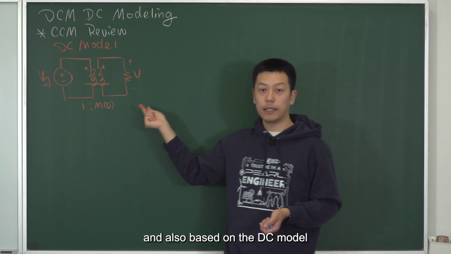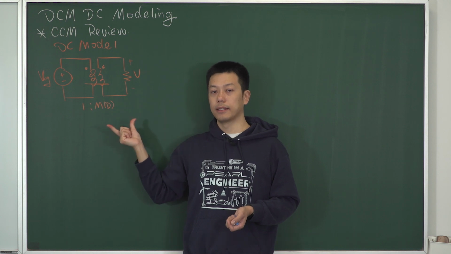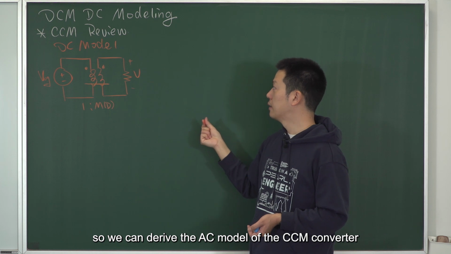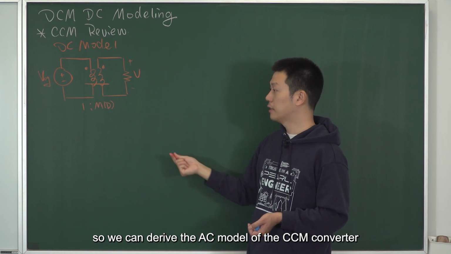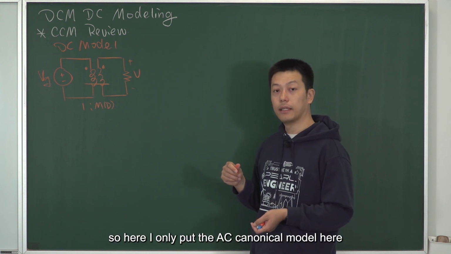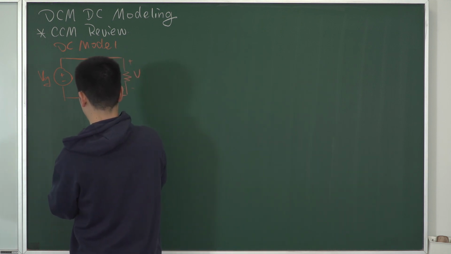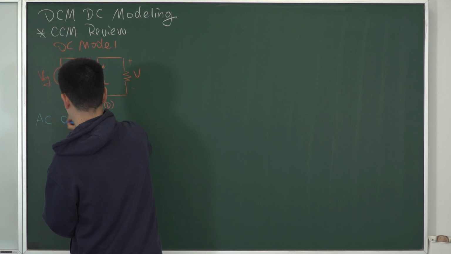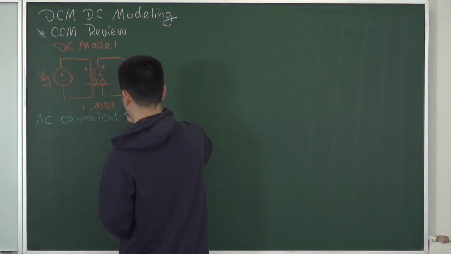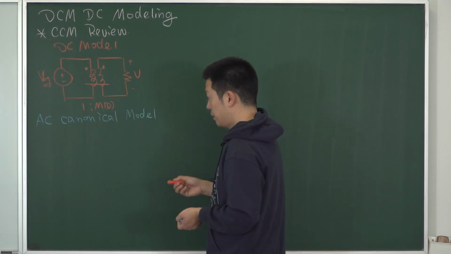Also, based on the DC model, we can introduce the small signal perturbation and linearize it. So we can derive the AC model of the CCM converter. Here I only put the AC canonical model.